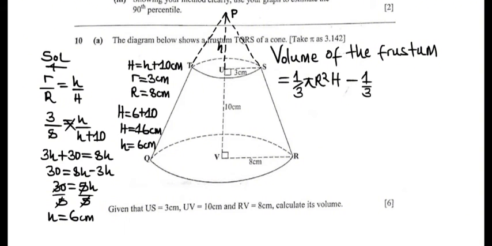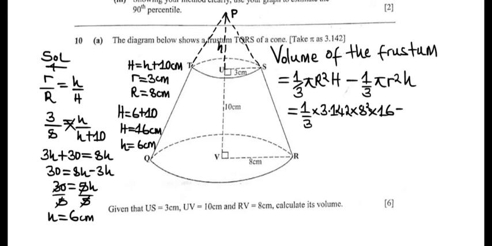1/3 pi. Now for the radius, we're going to take small r, then square. Then for the height, we take small h. So for substitution, this is 1/3 times 3.142, times capital R squared, this is 8 squared, then times capital H, that is 16.